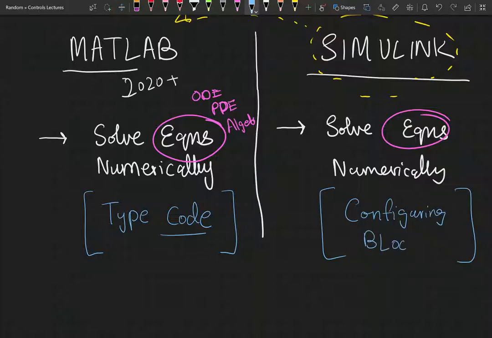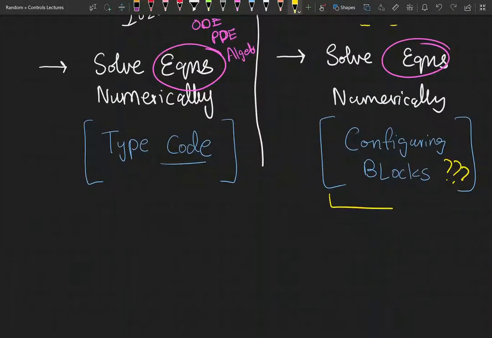And what do I mean by configuring blocks, you might ask? If you've had the good pleasure of working at an internship, and maybe having Dr. Sunal, then you know how to play with Aspen. And some of you who are from different schools might know how to play with ChemCAD.